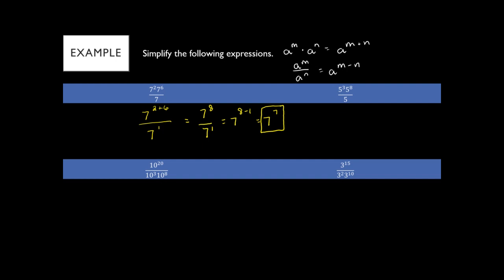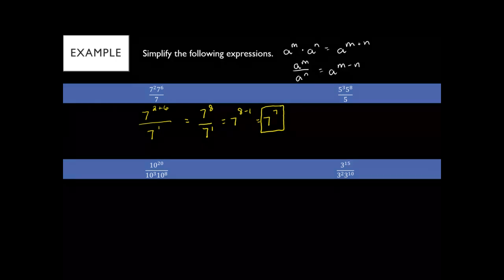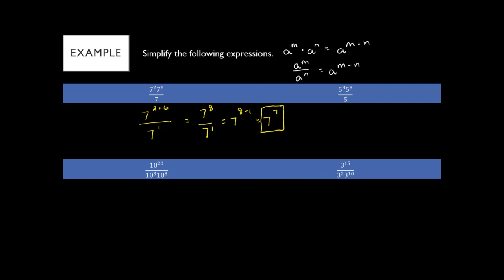So top right, we've got 5 to the third over 5 to the 8 over 5. Now I don't have as much room here because I should have moved my left side over. So I'm going to just add and not write that step. 3 plus 8 is 11. So I have 5 to the 11, and if there's something without an exponent, I'm just going to give it a 1.